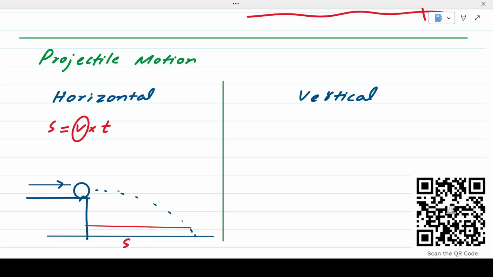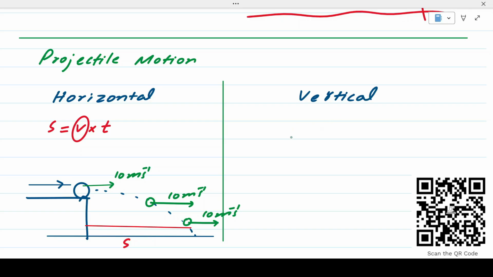So initial velocity and final velocity horizontally remain the same. If the horizontal velocity at the start is, let's say, 10 meters per second, then everywhere during the projectile motion it will remain 10 meters per second. So 10 meters per second here, 10 here, and 10 just before hitting the ground also. So for horizontal, we have only one thing. We can't do anything else.